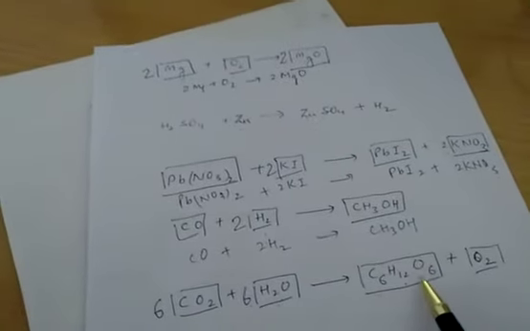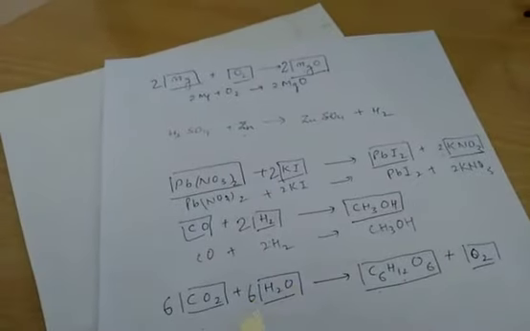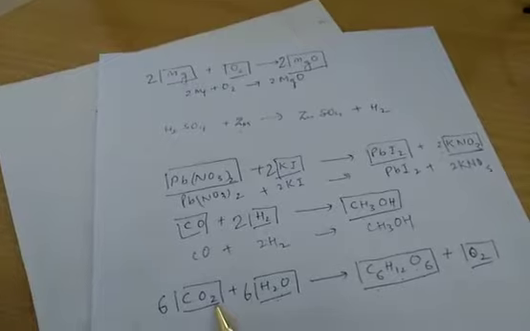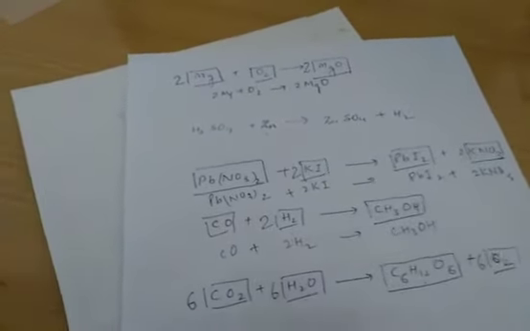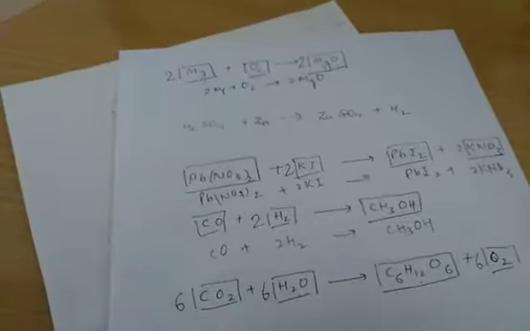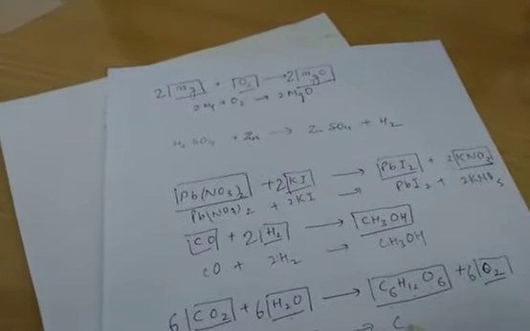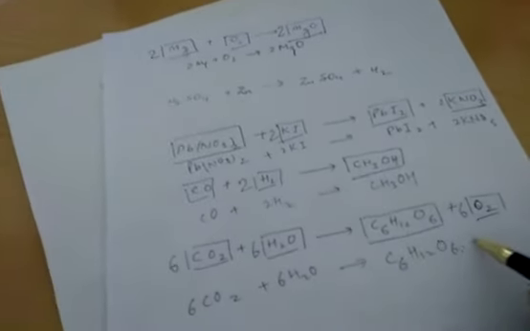Now oxygen. 6 oxygen here, 6 oxygen here. Now this 6 O2, so 6 twos are 12. So this O2 is multiplied by 6. Now the reaction is balanced. 6 CO2 plus 6 H2O changes into C6H12O6 plus 6 O2.